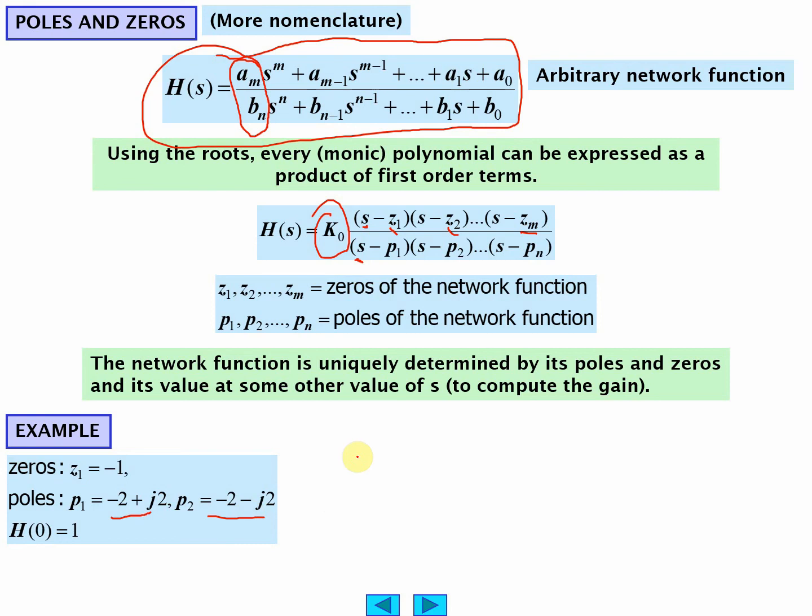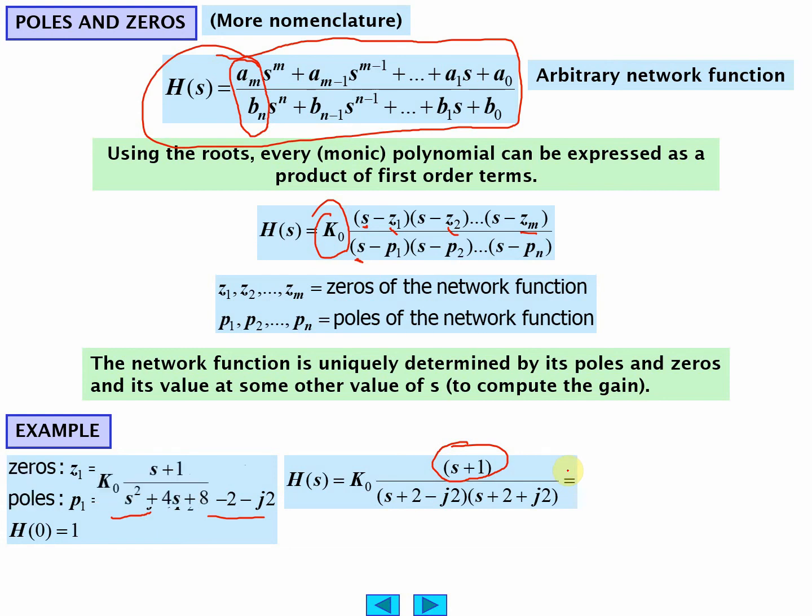So we can write the transfer function as s minus z1, which gives us this, and then s minus p1 and s minus p2. We can expand the binomials. These are the ratio of the polynomials you guys are used to. Then we have a K naught. We're told that when s is 0, H is 1, so K naught has to equal 8.